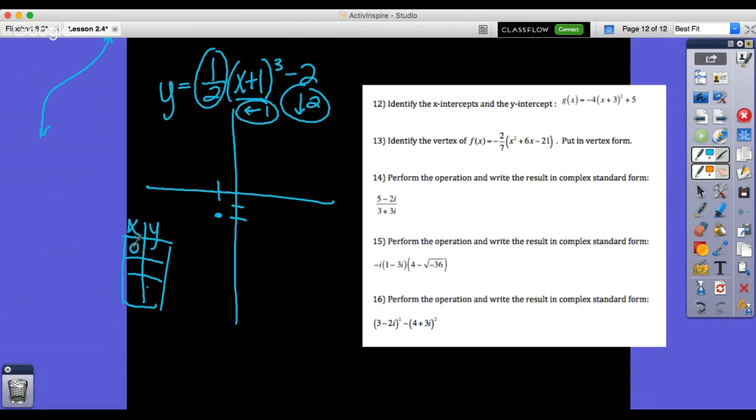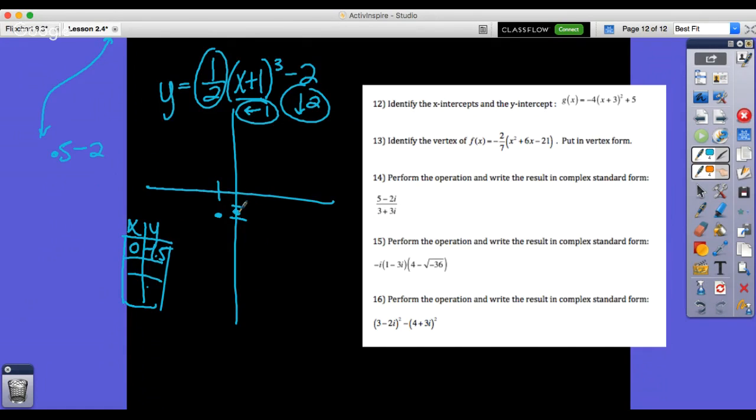We plug in 0 for x. 0 plus 1 is 1, cubed we get 1, times 1/2 is 0.5. 0.5 minus 2, and if you had your calculator, it would be negative 1.5. So 0 would be negative 1.5 right there.